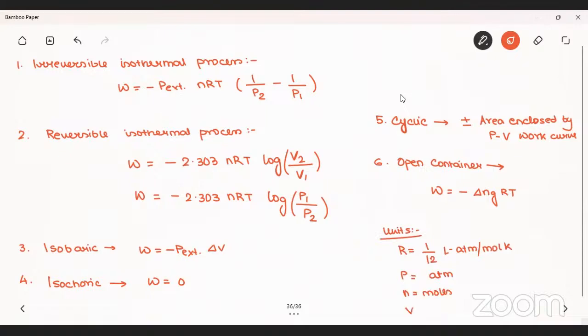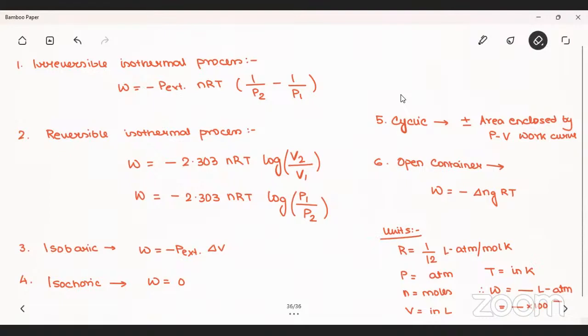V should be taken in liters. T should be taken in Kelvin. After considering all this, you will get the work done in liter atm. And if you multiply this with 101.3, you will get the work in Joules.